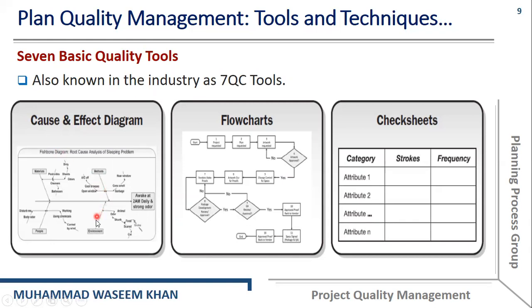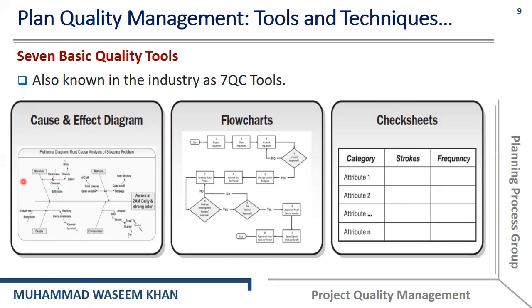Why do we call it the fishbone diagram? Because you can see here that it is like the skeleton of a fish. This particular box represents the head of the fish, this represents the vertebral column of the fish, and these are actually the ribs of the fish, and these small subdivisions represent the branches of the ribs.